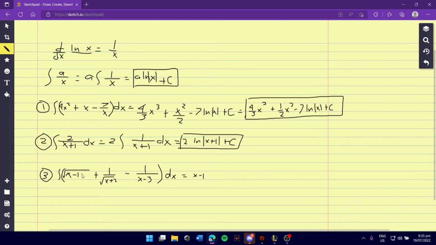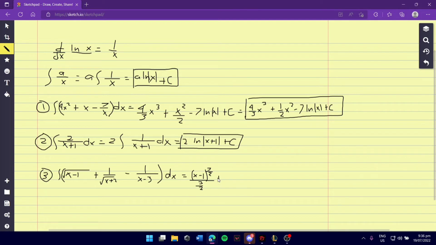So that is the rule. And then by integrating it, 1 half will be added by 1 and then divided by the overall exponent. So 1 half plus 1, we have 3 halves, like that. So we multiply it by 3 halves over 3 halves.